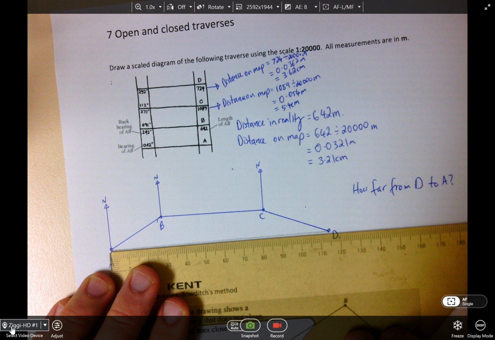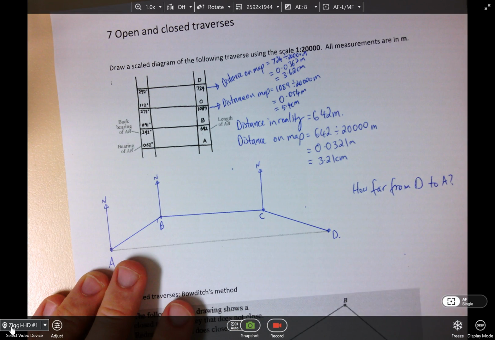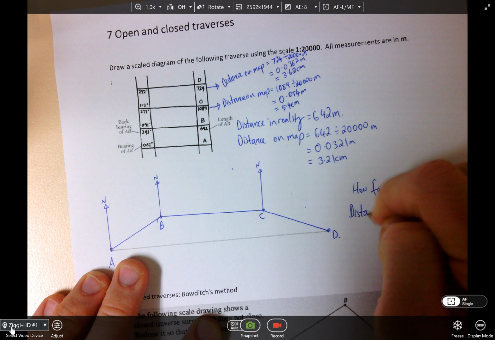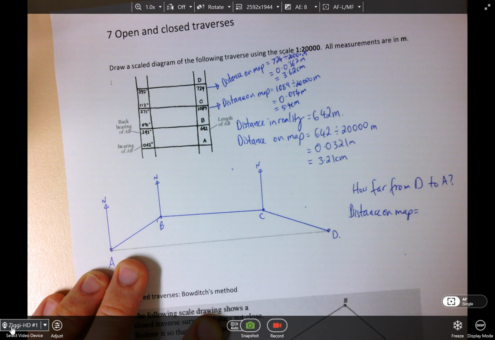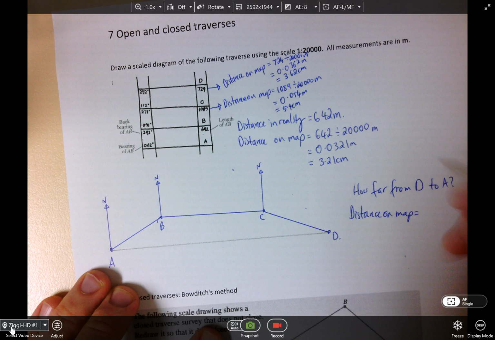Okay, this distance on the map is 11.5 centimeters on my diagram. Okay, so I'd write on here, distance on map was 11.5, wasn't it? Yeah.